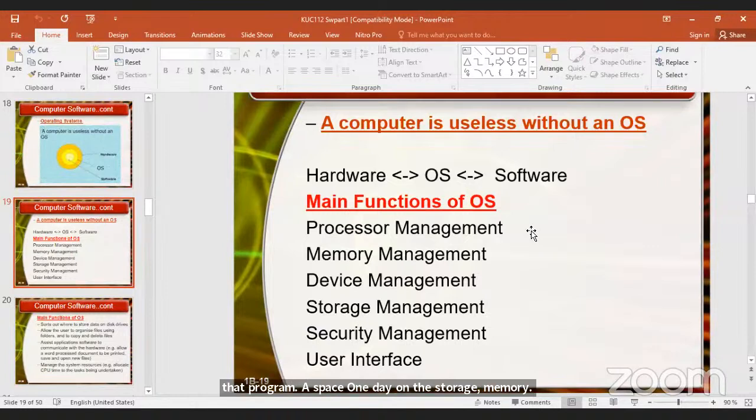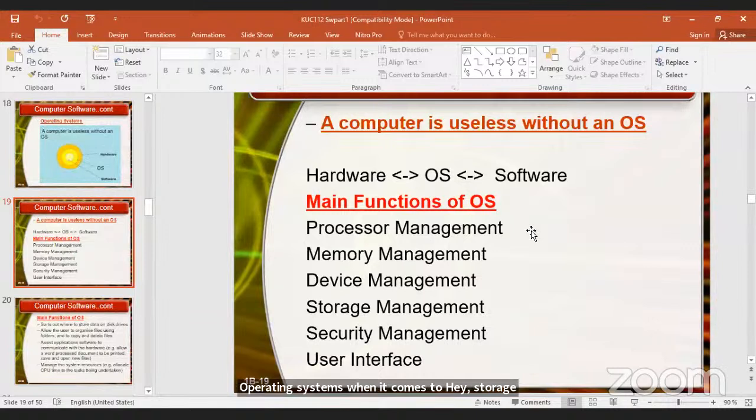So it enables you to delete a file, it enables you to copy and paste a file, it enables you to format. So these are some of the few functions of operating systems when it comes to storage management.